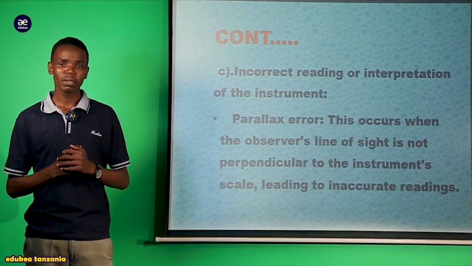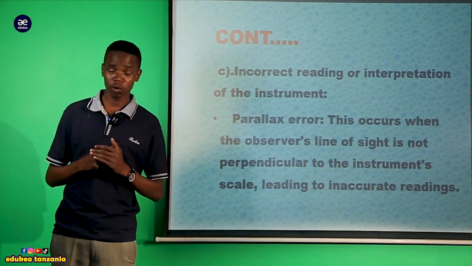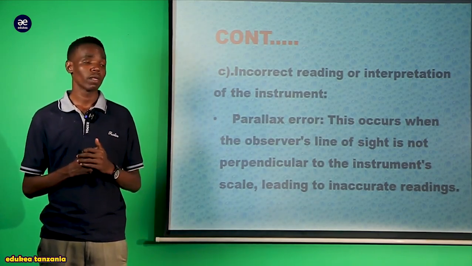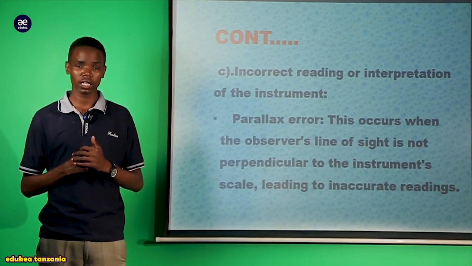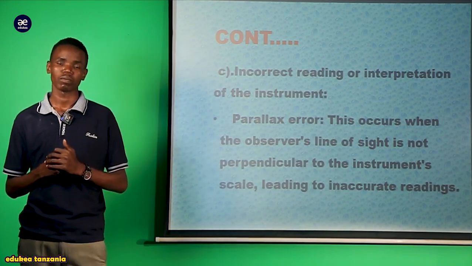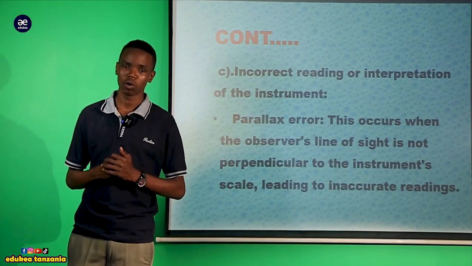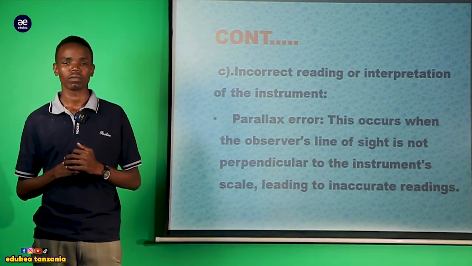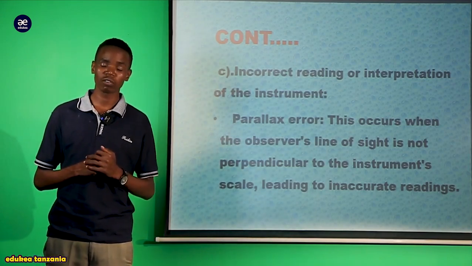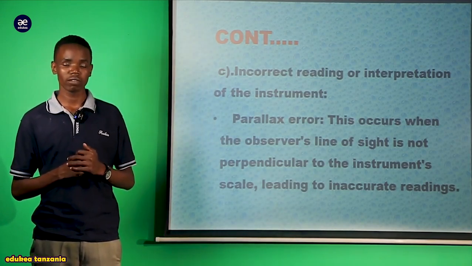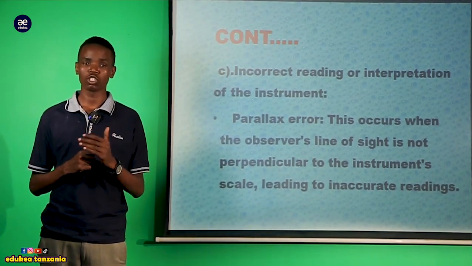Most people are not stable in interpreting the values or the data they obtain through the instruments, or they are not able to read the values on an instrument, because there are so many problems that face some people, making them unable to identify or read the data on the instrument.